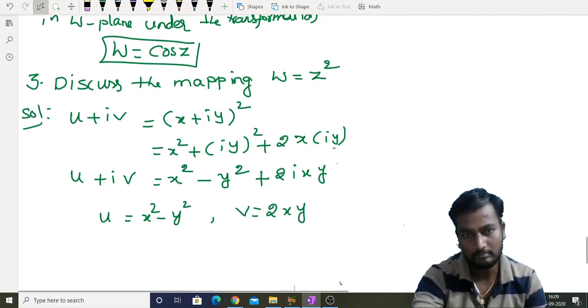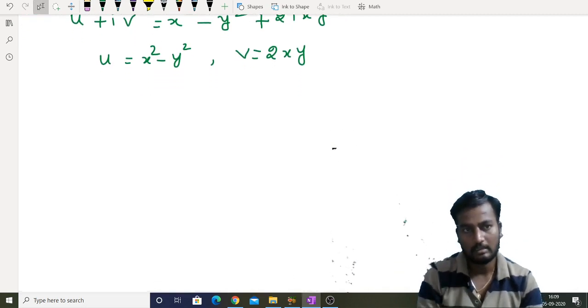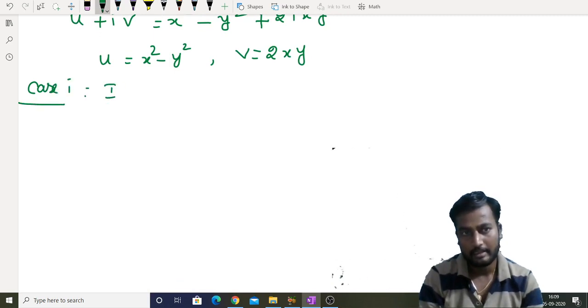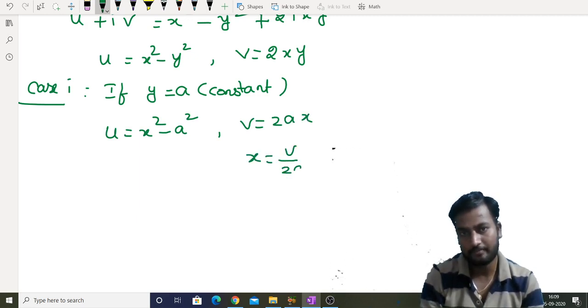Now, see, case 1: if y equal to a, some constant a. That means a line parallel to the x-axis, right? If y equal to a, then u equal to x square minus a square, and v is 2ax. So from this, x equal to v by 2a, and x square equal to u plus a square.